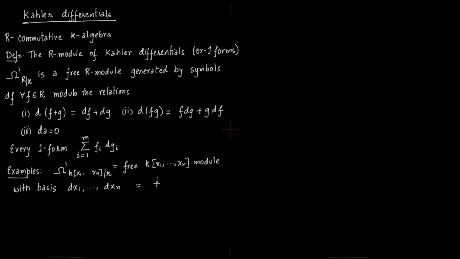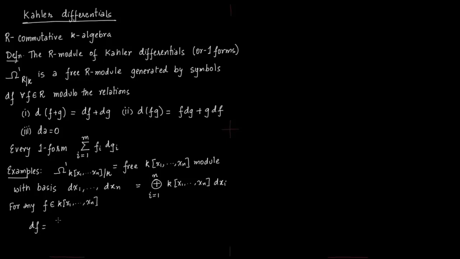So this is how it looks like. You have the direct sum, i equals 1 to n, of K[x1, x2, x3, all the way to xn], adjoin dxi to it. So for any f in K[x1 to xn], you write it like this.